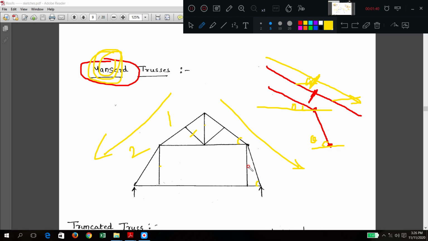What is the general range? Here it is 30 to 40 degrees. Try to remember. Here it is 60 to 70 degrees. It is very economical. So this is about the mansard truss.